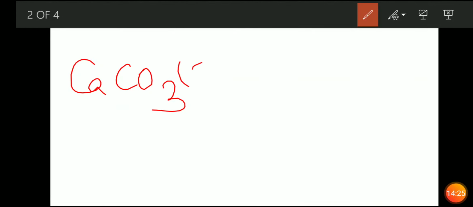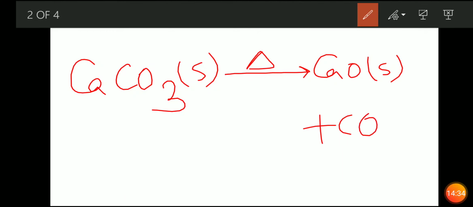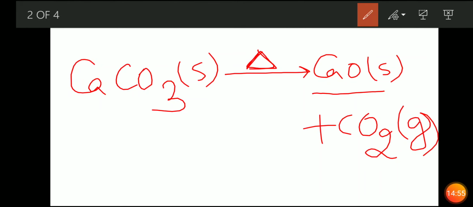Now next thing is, in some reactions a gas will evolve. In the previous example, CaCO3 solid will give you CaO solid plus CO2 gas. Calcium carbonate is solid in structure. We are using a triangle symbol, which indicates we are supplying heat to it. So it will break and form calcium oxide, which is solid, and it will give a gas, CO2, carbon dioxide gas.